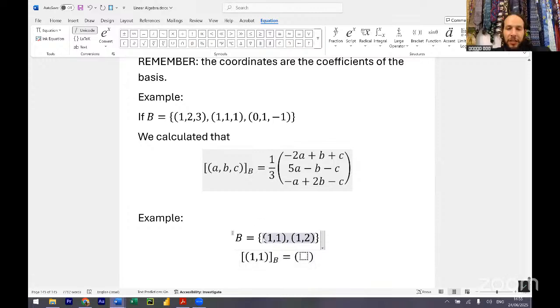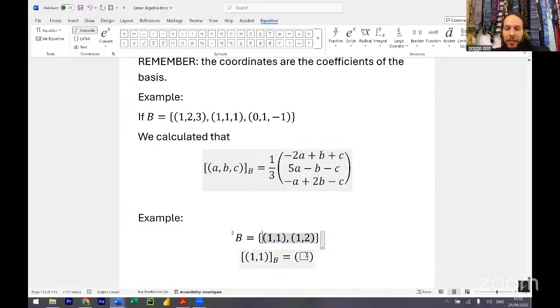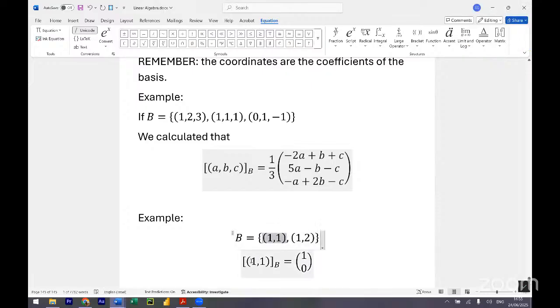What scalars will you multiply the vectors of this basis by to yield (1,1)? Exactly, (1,0). Because if we multiply this by 1, we already got (1,1), and the rest is 0.